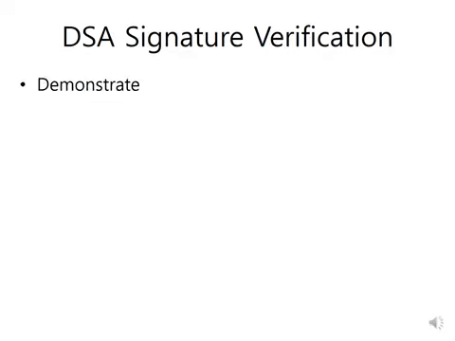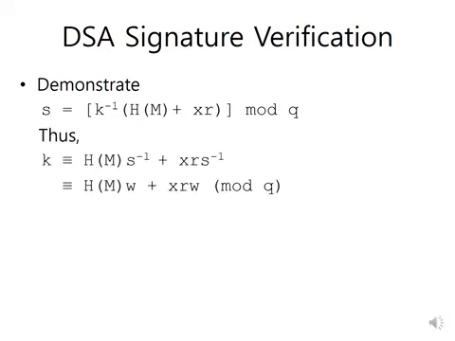This is the demonstration of the DSA signature verification. So we know that S is equal to K inverse times H of M plus XR mod Q. So K and H of M times S inverse plus XR S inverse are congruent mod Q. So this is the same as H of M times W plus XRW.